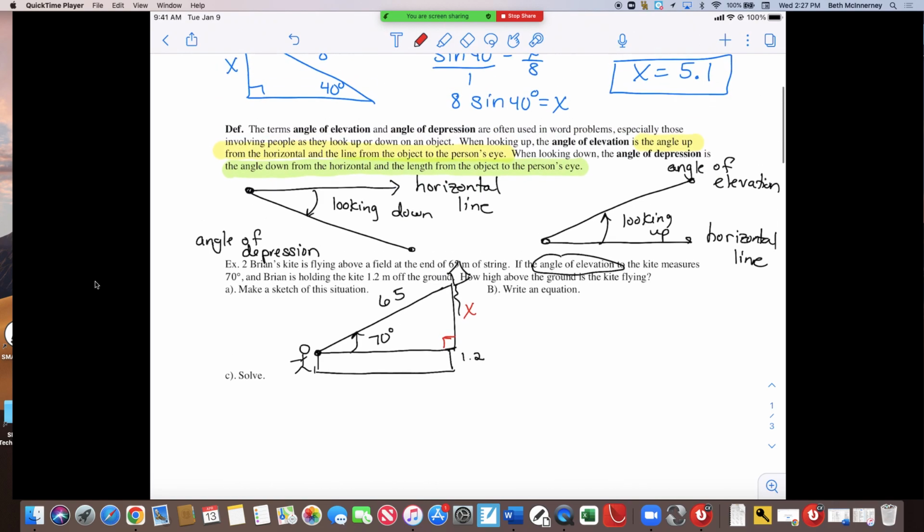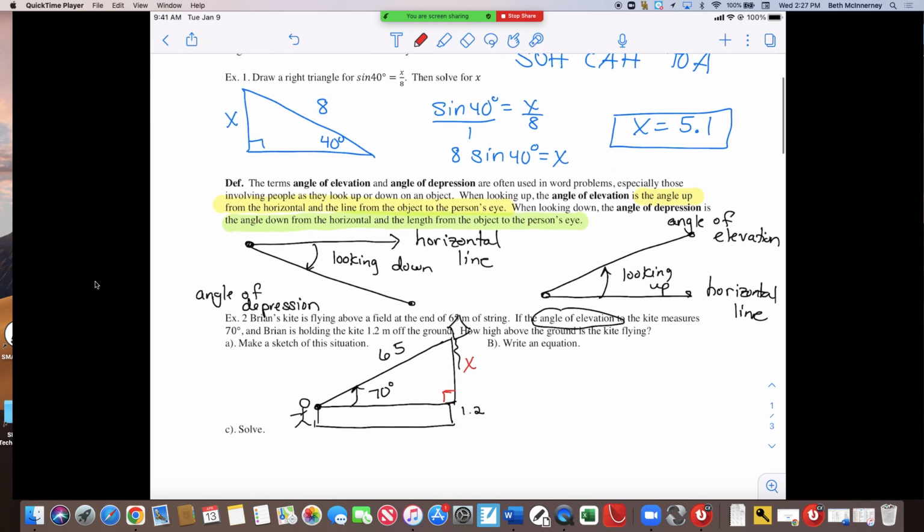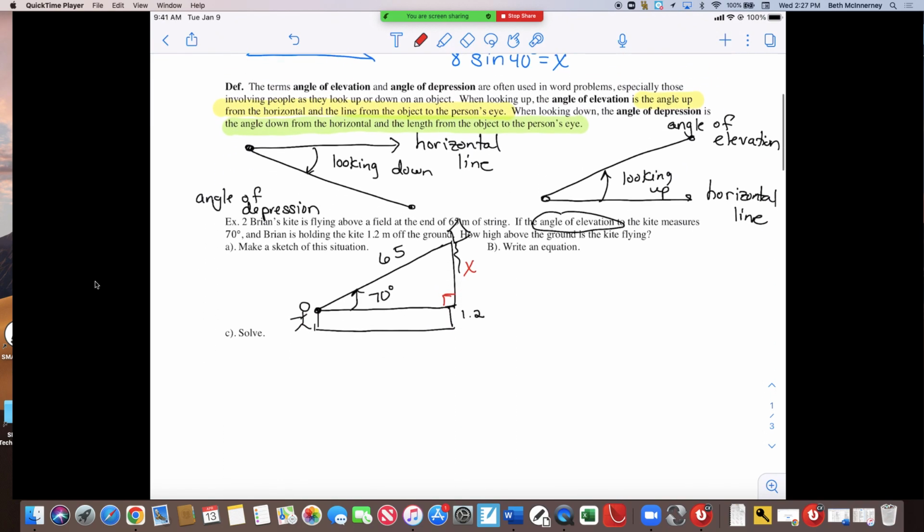So I look, I did write it. There's my SOHCAHTOA. So in the triangle, so the 1.2 is not in the triangle. Do you understand that? It's not in there. But in the triangle, which trig function is this? Sine, because it's going to be the sine of 70 equals x over 65.